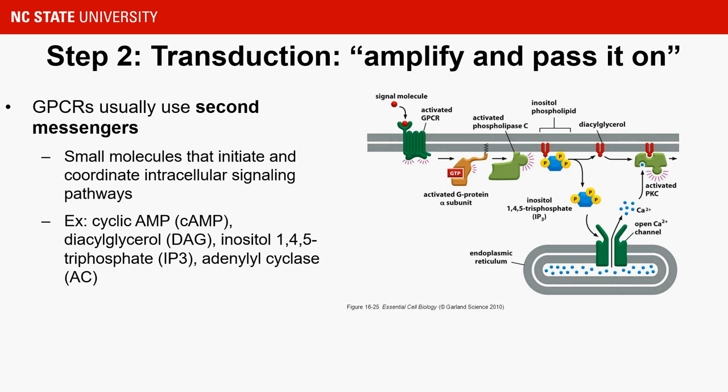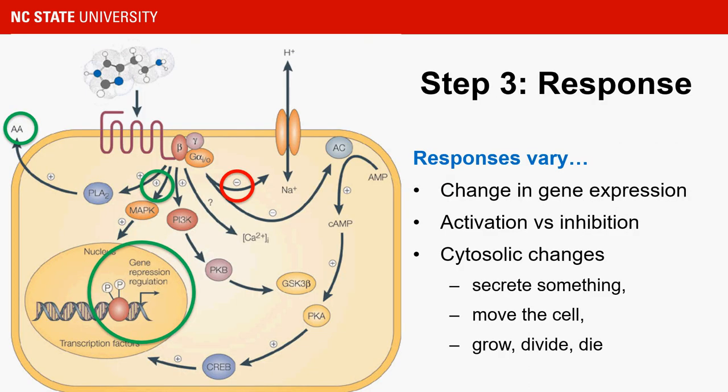Besides IP3, there are a lot of other second messengers that can be associated with GPCR, for example cAMP and DAG. Finally, after the GPCR perceives the signal and transduces it through some downstream signal molecules, the cell needs to make a response.